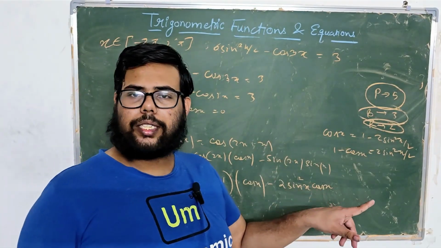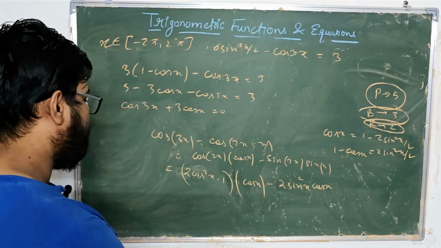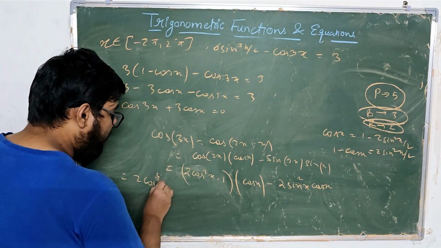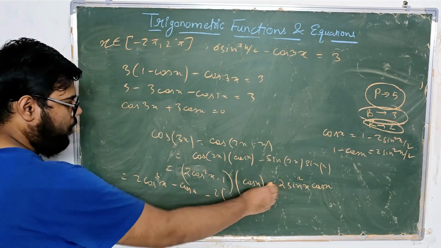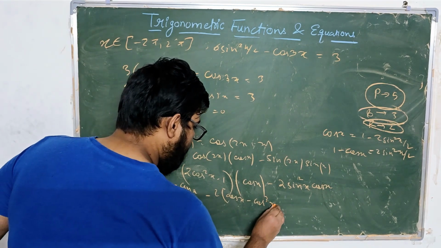Sin 2x is equal to 2 sin x into cos x, multiplied by sin x will give this expression. So this is equal to 2 cos cube x minus cos x minus 2 into 1 minus cos square x times cos x, correct?